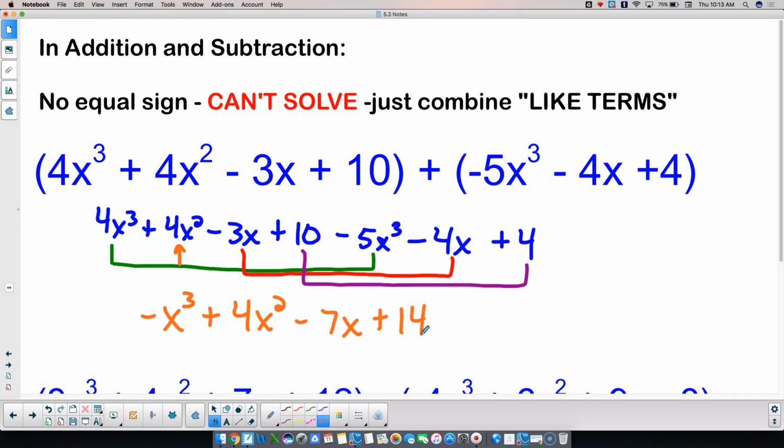Is that my final answer? Or is 10x to the 6th my final answer?